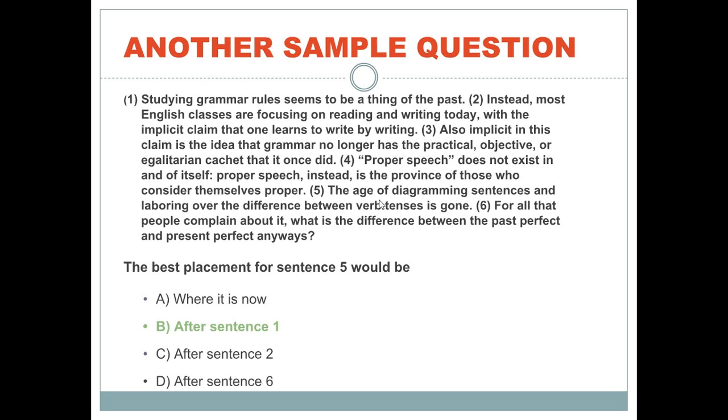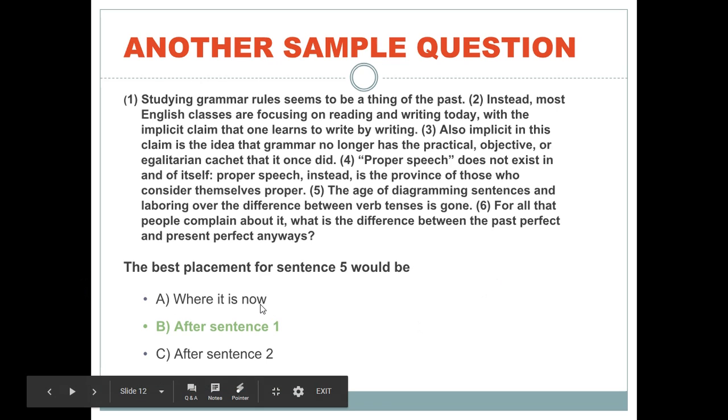Maybe you could say it could because this is an example of proper speech, but it doesn't really strongly connect. Then the sentence after, sentence 6, for all the people who complain about it, what's the difference between past perfect and present perfect? That seems to connect very well to sentence 5. So we have one maybe connection and one good connection. So let's say A is a maybe for now.